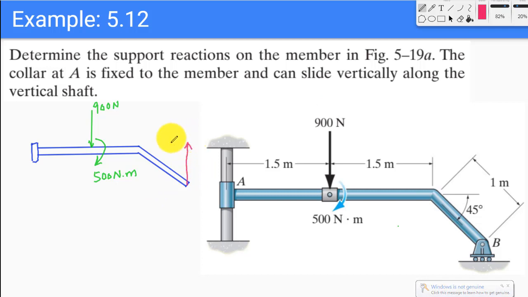So we would have a reactive force here, and I can call it FB, and then this support here would provide a horizontal force. I can call it FAX, and it would also provide a couple moment, which I can call MA.